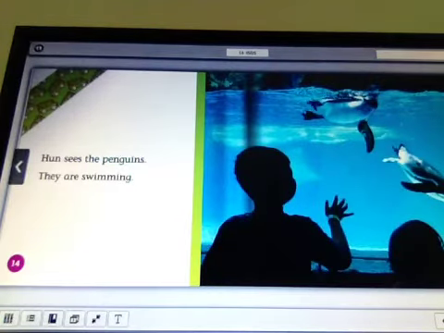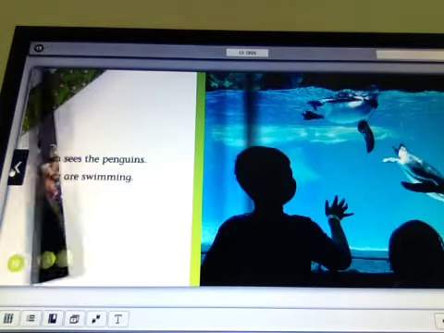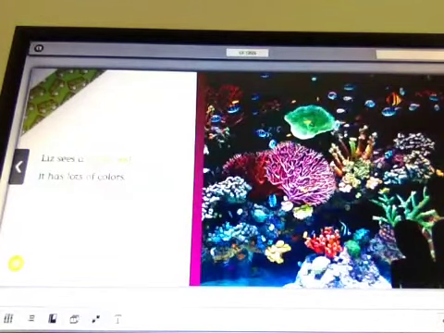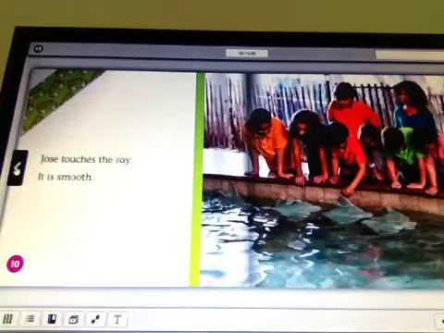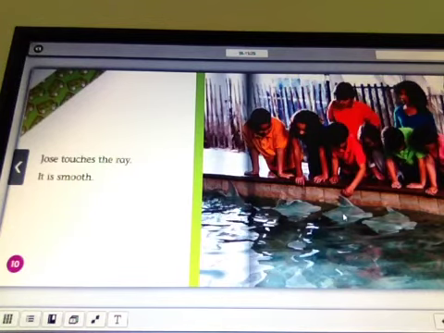Then you can kind of get an idea what the size a penguin is and how a penguin swims. He puts his head up at the top, maybe to get some air. He can dive deep. We learned what a coral reef looks like, how it does have a lot of colors. We can learn that it's safe to touch a ray.